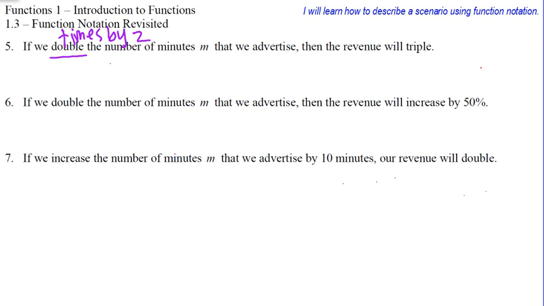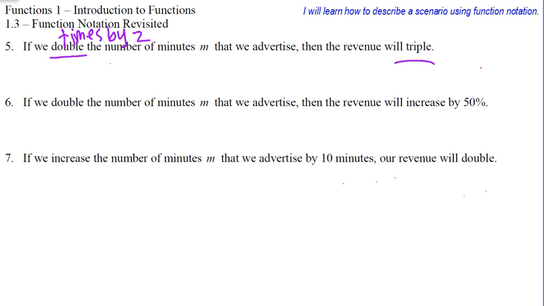Earlier we were doubling the revenue, but now we're doubling the minutes. So if we multiply the minutes by 2 that we advertise, our revenue will triple. What does triple mean? Does triple mean times by 3?